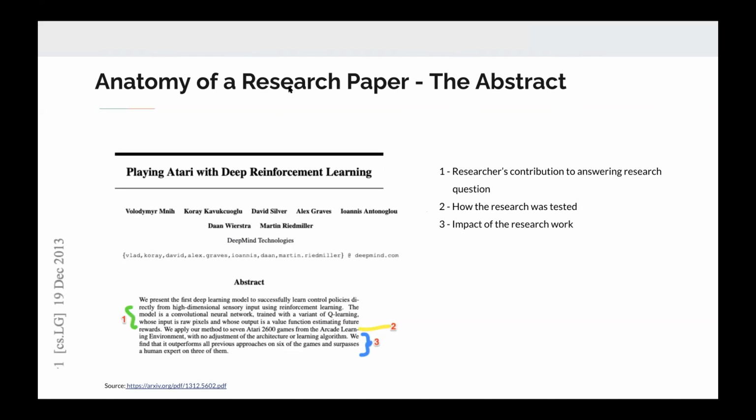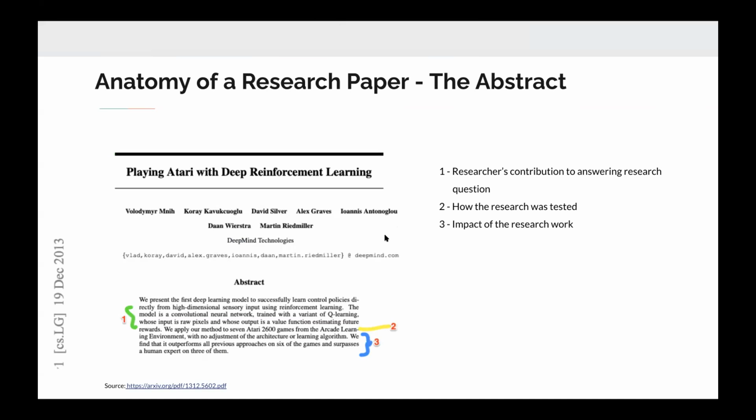This is another paper, also an RL paper. The first couple of statements again mention the contribution of the researcher to answering a particular question.